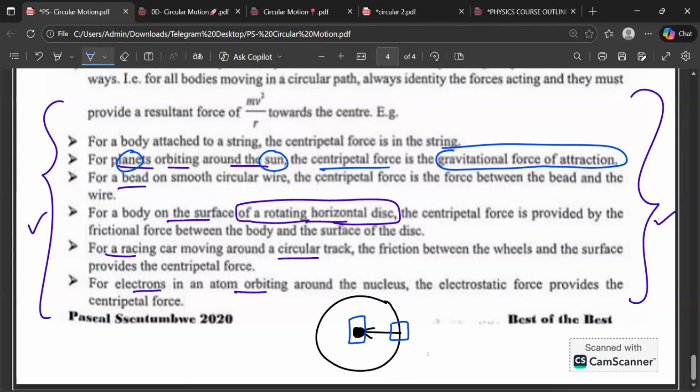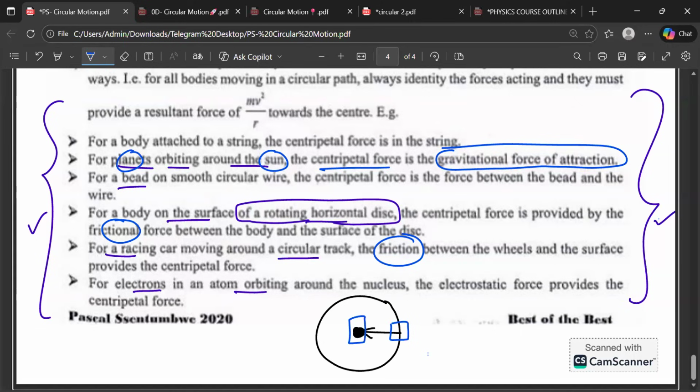Most especially for cars moving around a roundabout, it is always the friction. As a drift is being done, that is rotating, you always realize friction in play. So it's that friction that we always use to provide the centripetal force needed to keep that body in motion. Hope you people have heard of drifts before.